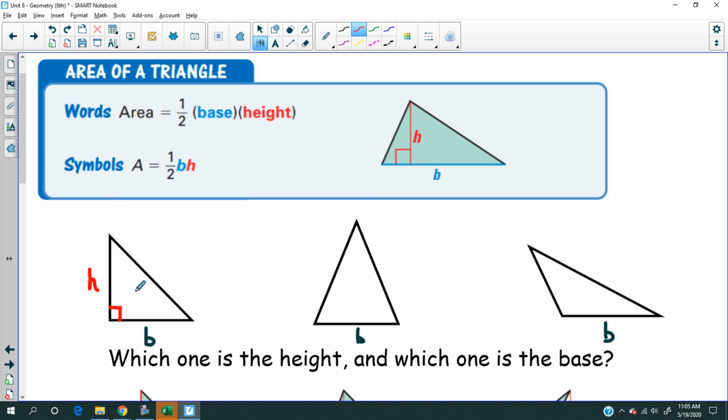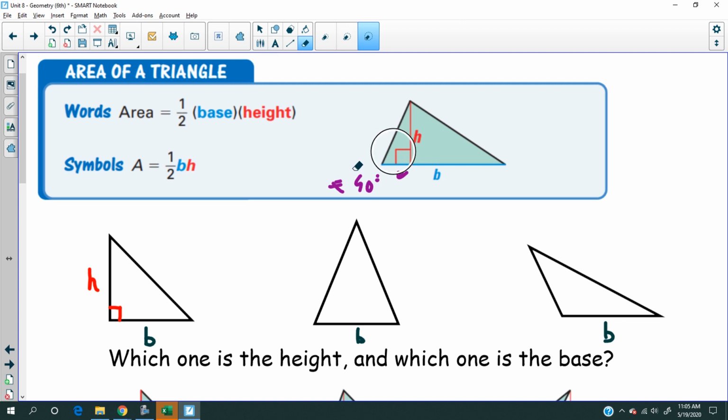So in other words, let me use a different color. In other words, this is not a height. Why? Because neither this right here nor this right here forms a right angle. It's not 90 degrees. That's why it's not a height.